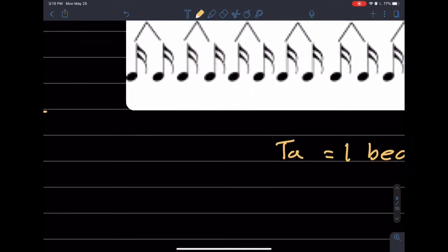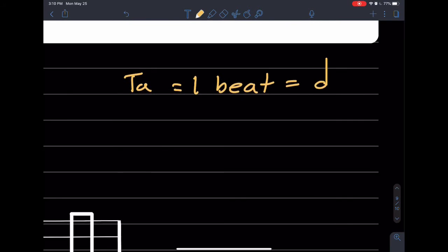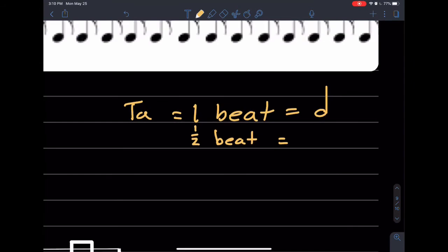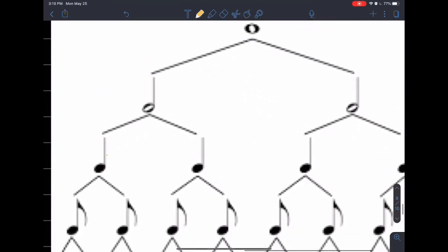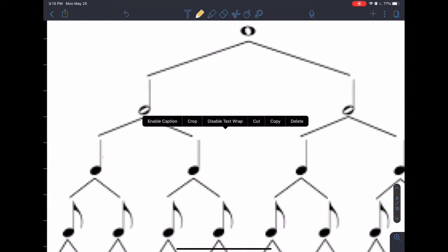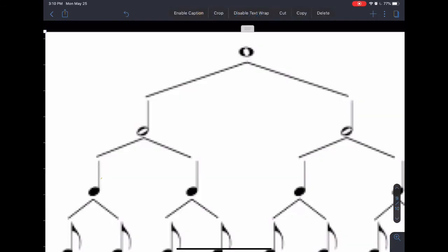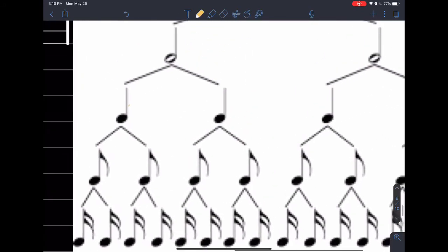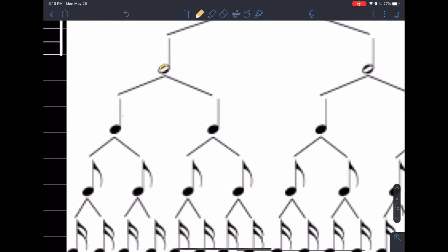Awesome. Now, what if a note is worth less than a beat? What if a note is worth half of a beat? Well, first let's ask ourselves, what note would be worth half of a beat? If we're in 2/2 time, our half note is worth 1 whole beat.